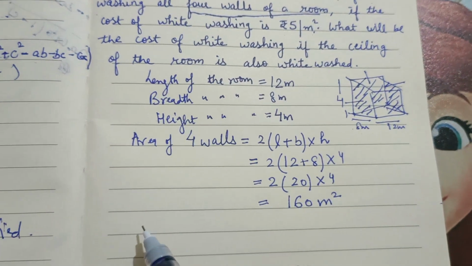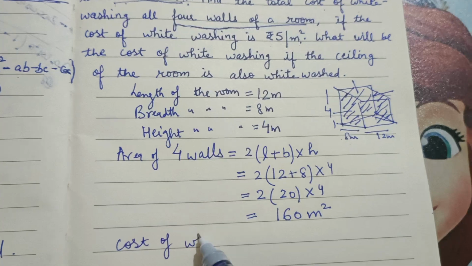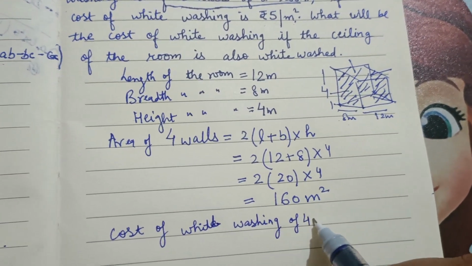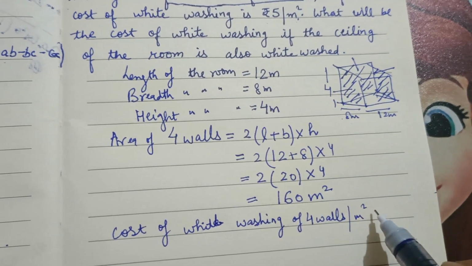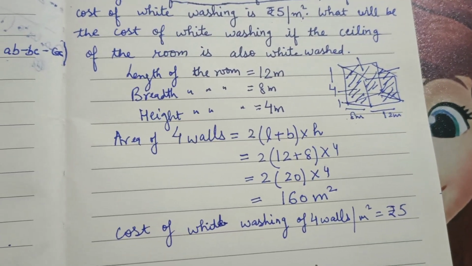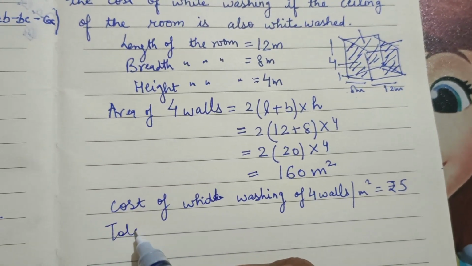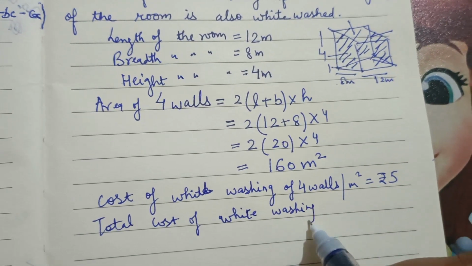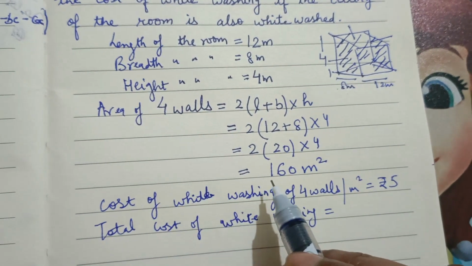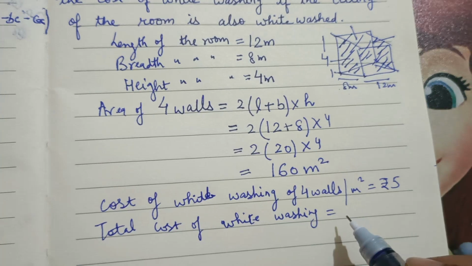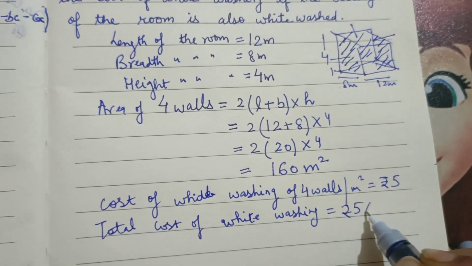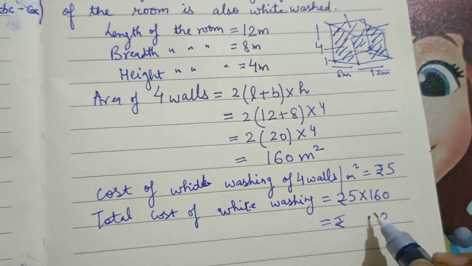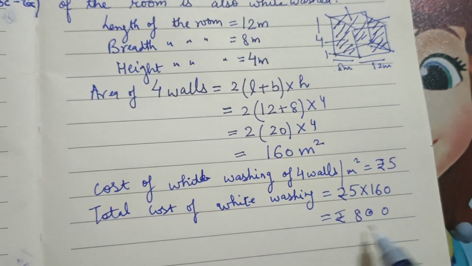So the total cost of whitewashing the 4 walls, where the area is 160 meter square, will be rupees 5 into 160. 160 multiplied by 5 is 800, right?